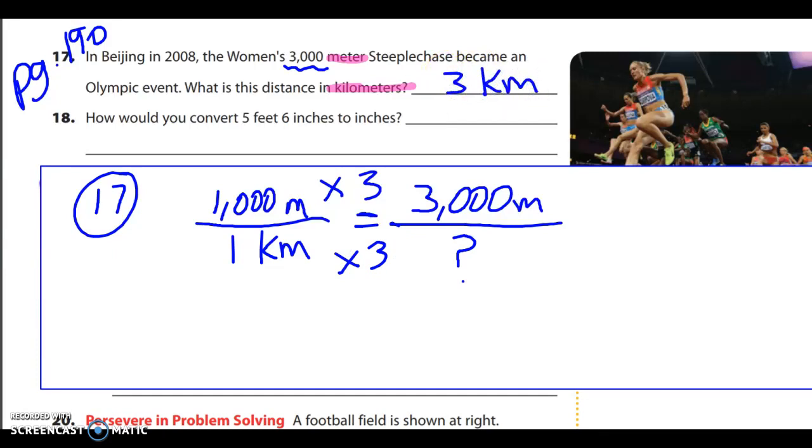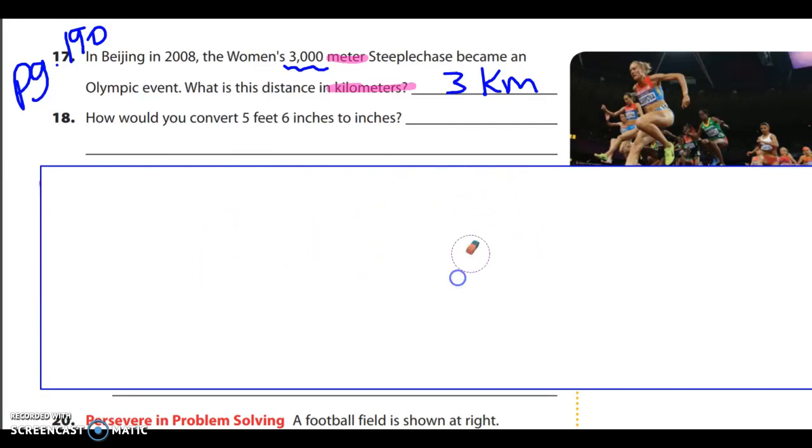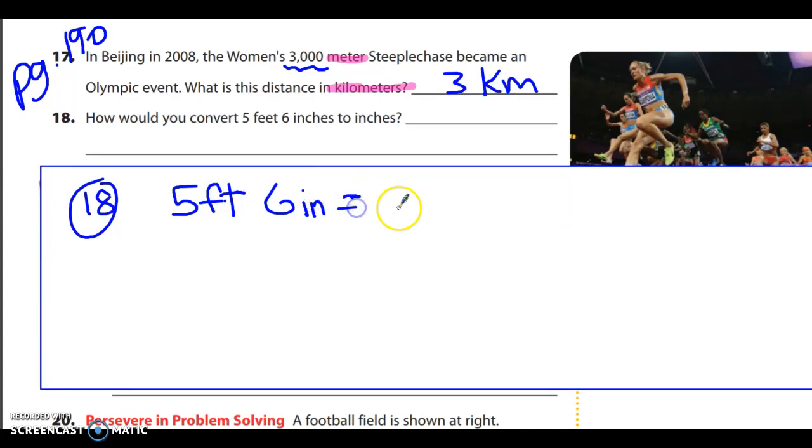All right, number 18. Reads, how would you convert 5 feet 6 inches to inches? 5 feet 6 inches equals blank inches. Now, what you need to recognize is that 5 feet 6 inches needs to be separated into 2 parts.